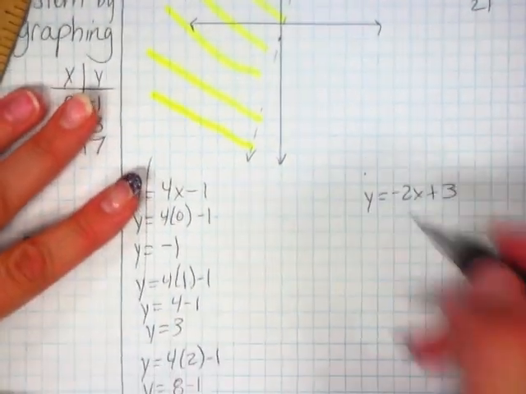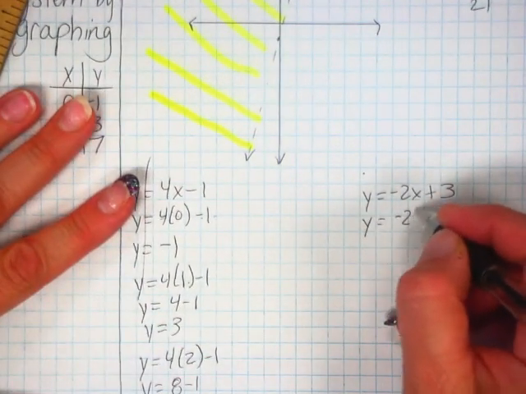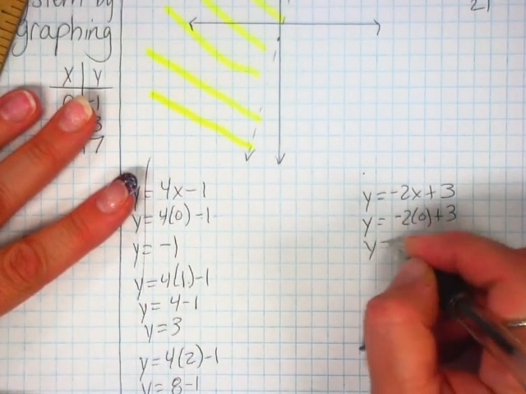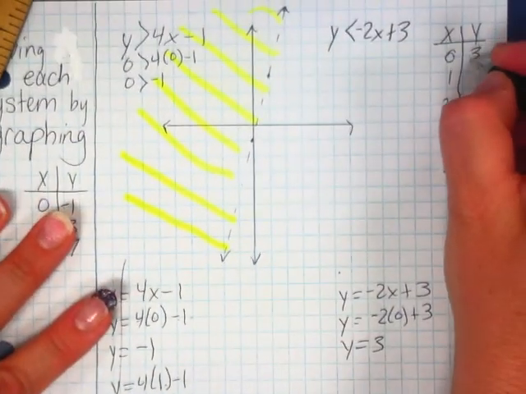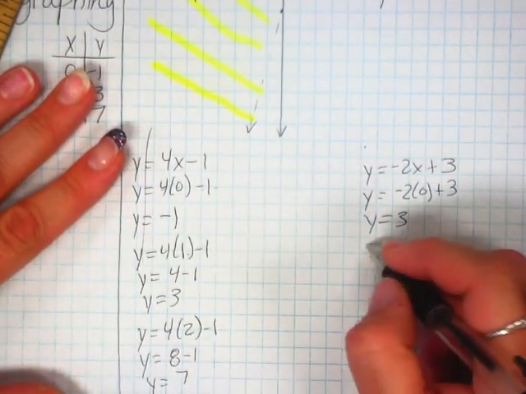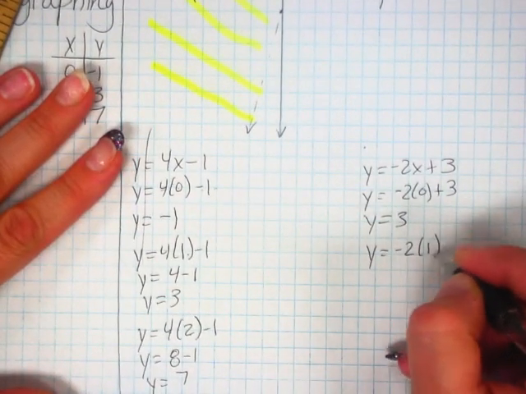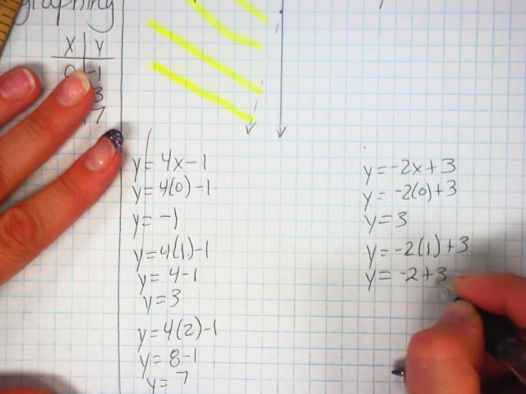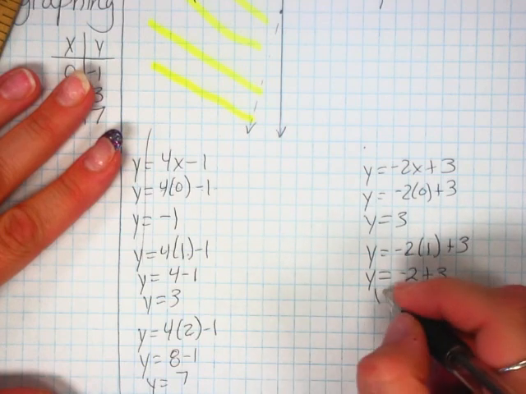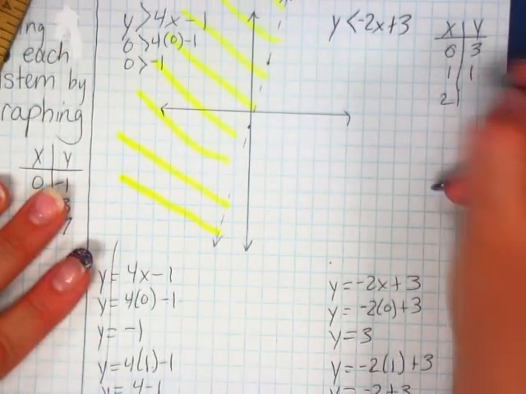Now I'm going to do the other equation. What happens when x is 0? Y equals 0 plus 3, which is 3. Go up here. All right. Now what happens when x is 1? Negative 2 times 1 is negative 2, and negative 2 plus 3 is a positive 1.